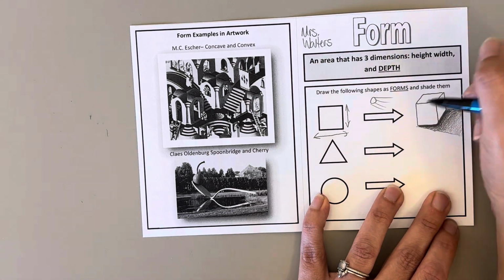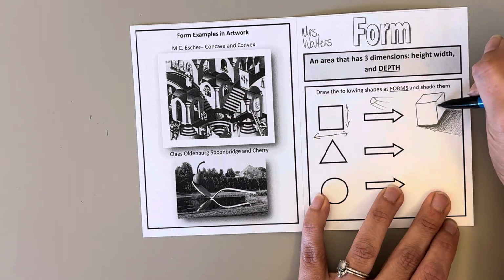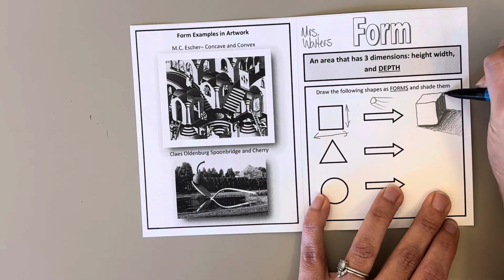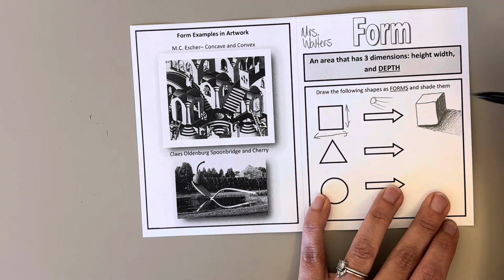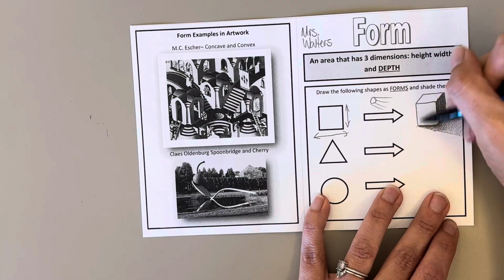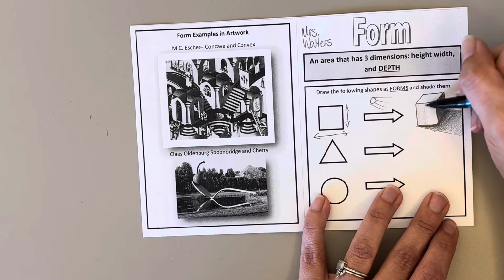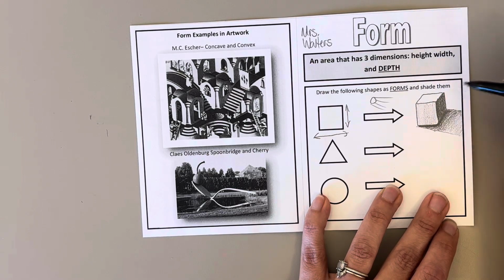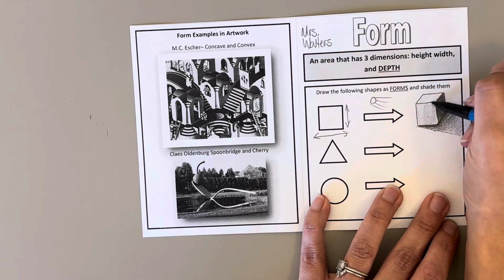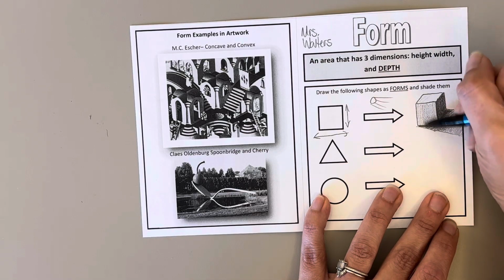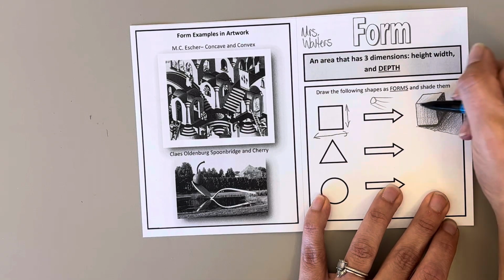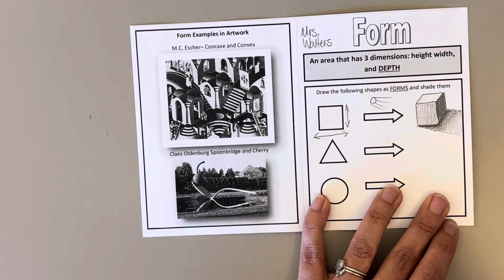Now, because the light is shining from this side, we know that this is going to be our darkest side of our cube. So let's fill that in nice and dark. Now we are going to have a medium tone on the front and just a little bit lighter on top.